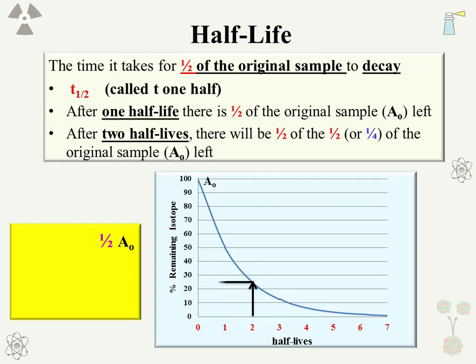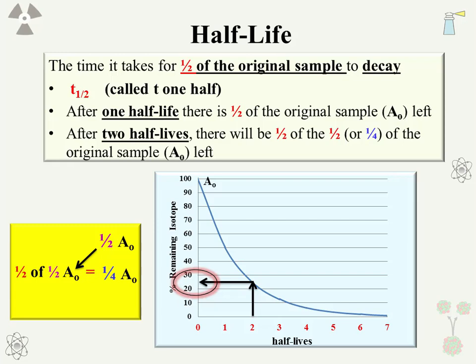When a second half-life has passed, that is an additional length of time, T1 half, half of the sample that was there at one half-life will have decayed. One half of the one half of A sub 0 from the first half-life remains. Another way to say that is 1/4 or 25% of the original amount remains.